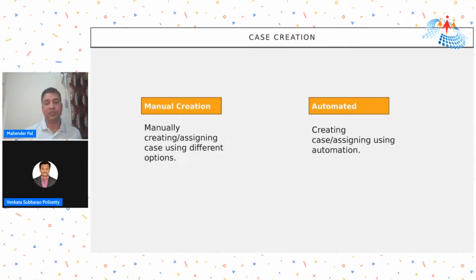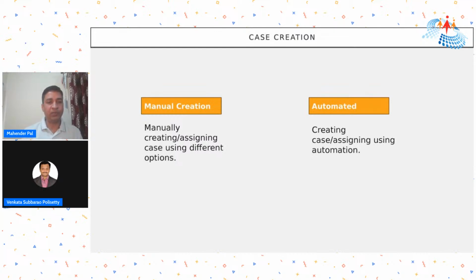Now we know the typical scenario, the high-level approach, and the high-level flow in customer service. Case is the primary object here. That's the main entity where we store the related information about the customer's issue. In a broad way, we have two categories.